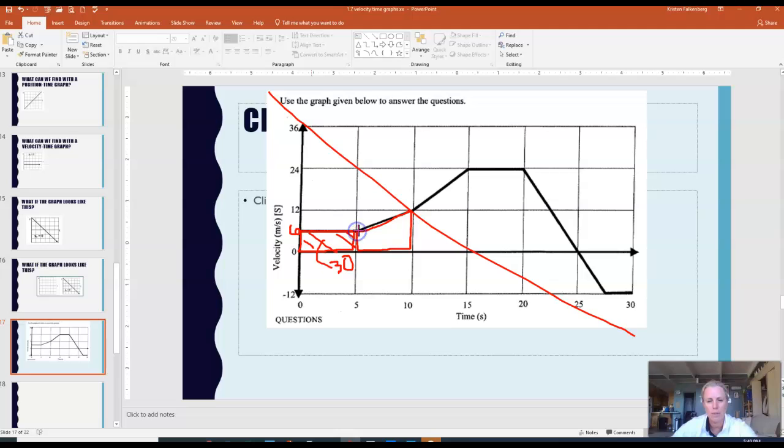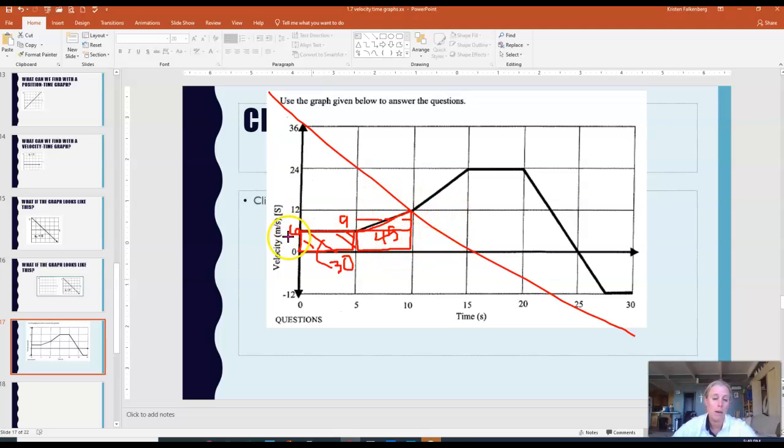Well, I can find the average velocity between 12 and 6, which is 9, times 5 for 45 meters. Or I can see this space as 30 and this space as 15 to get me 45.